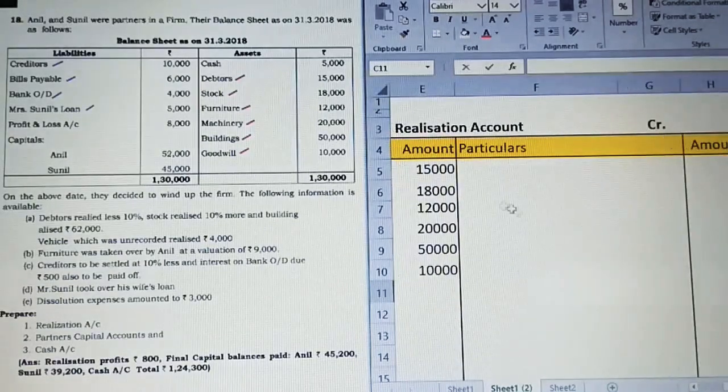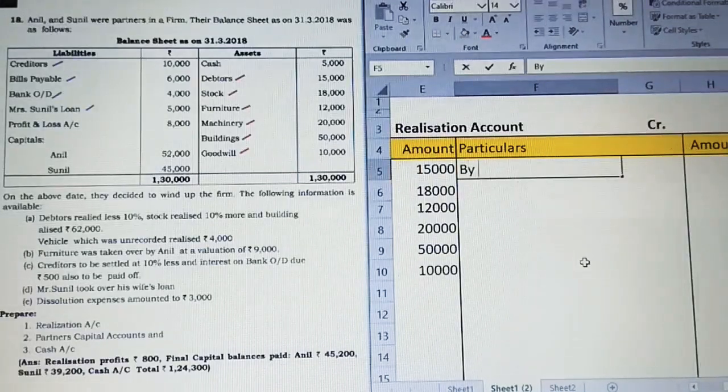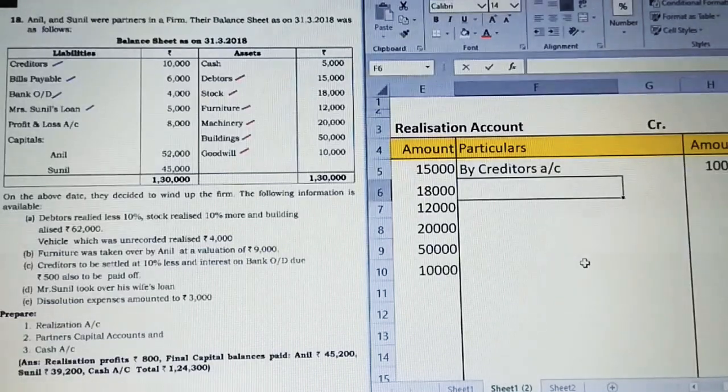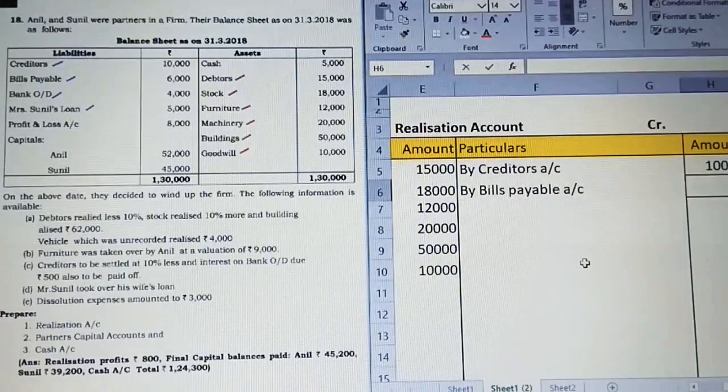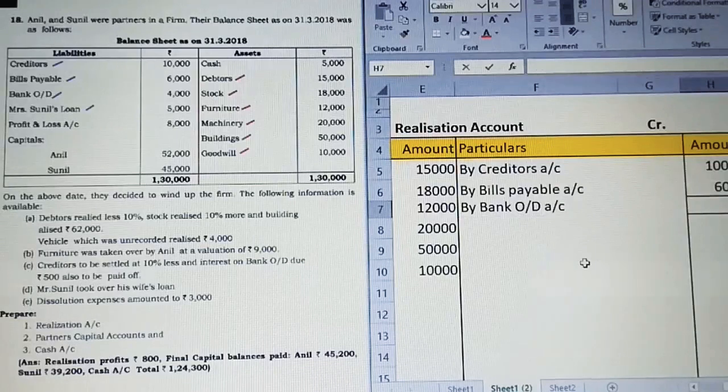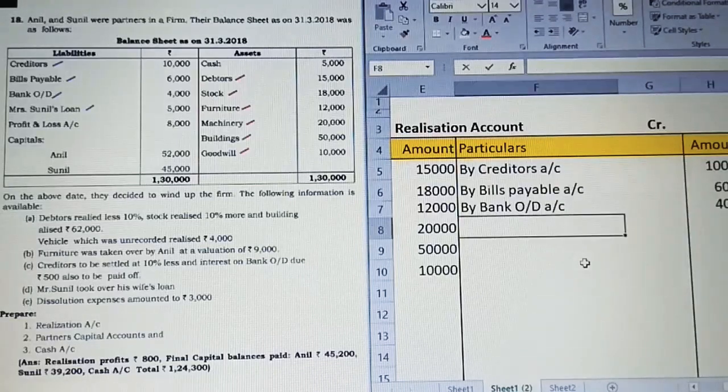Now let us move on to the credit side and take out the external liabilities. So it's going to be by creditors account, 10,000. By bills payable account, 6,000. By bank overdraft account, 4,000.